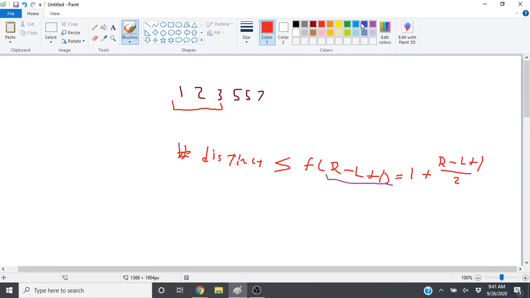So if the number of distinct elements is less than or equal to f of length, which is this, then this subarray is good. Otherwise, it's bad.